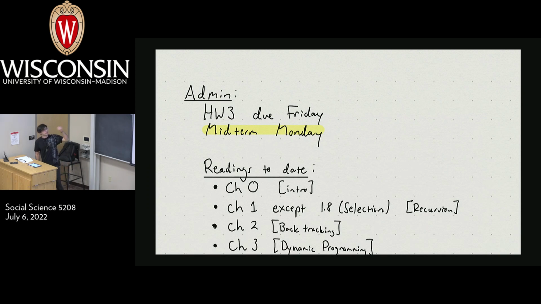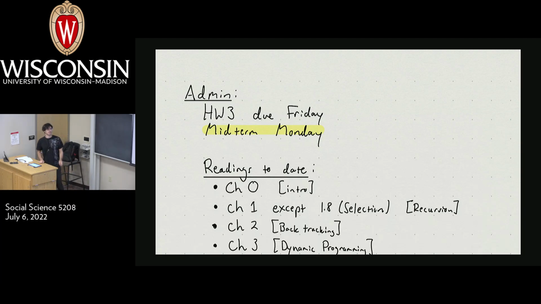Also, homework 3 is due Friday. I hope everyone's looked at it. It's mostly just covering dynamic programming and should be good review before the exam. The midterm's Monday. If you didn't see, there's a Piazza post that asks some questions about the midterm, and I have my answers there.